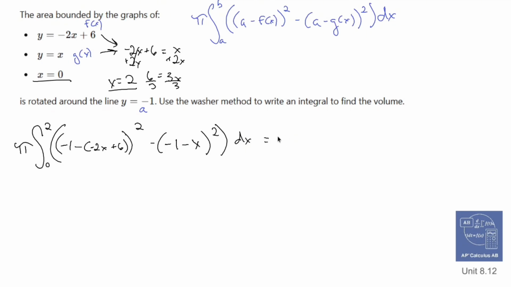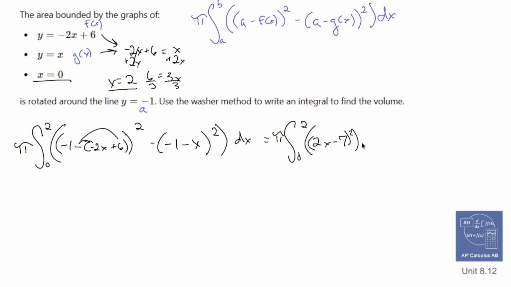So that's going to end up being pi times the integral from 0 to 2 of, let's kill two birds with one stone to make life easy, that becomes negative, so that's 2x. Negative 1 minus negative 6 becomes, okay, so negative 6 minus 1 is negative 7. So that guy squared.